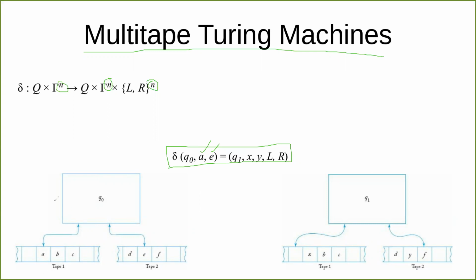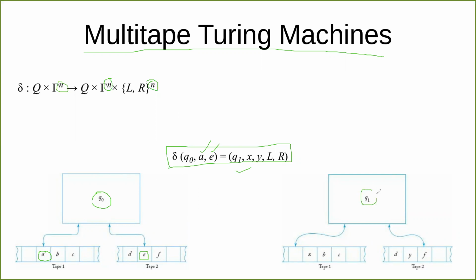This is the scenario of this transition function. So you are in state Q0. On the first tape, there is symbol A. On the second tape, there is symbol E. And once this transition function does its job, what would happen? The state would change from Q0 to Q1.